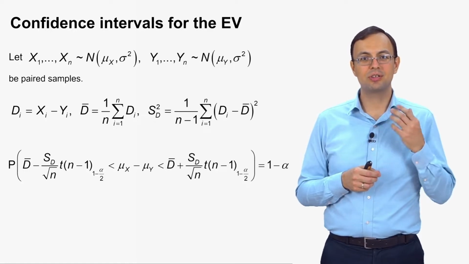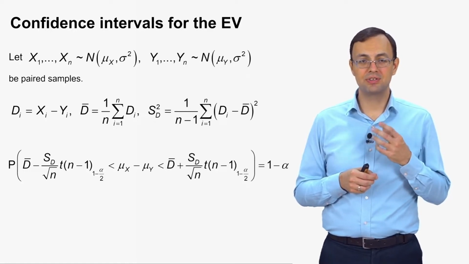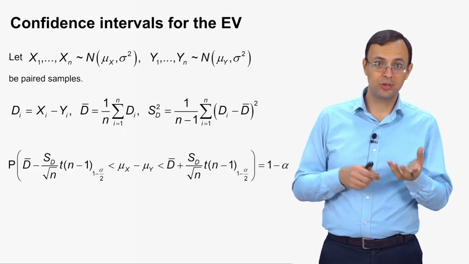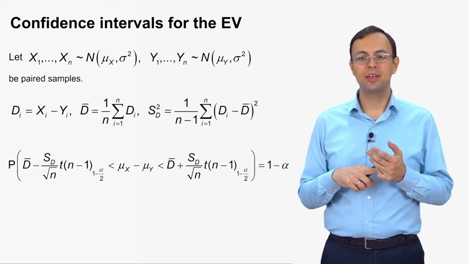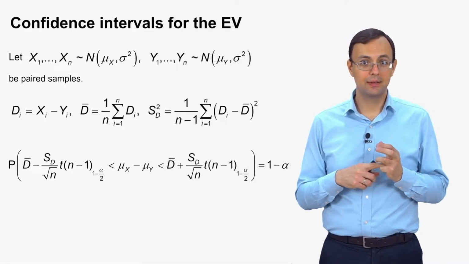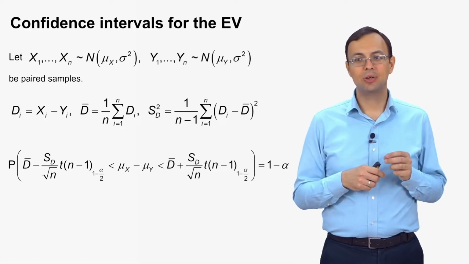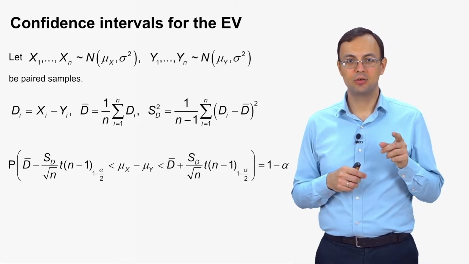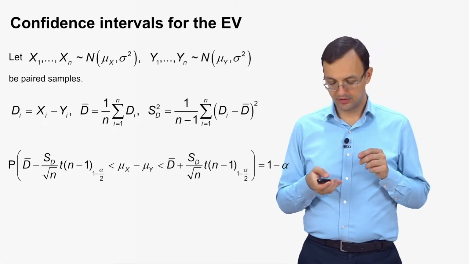So you want to construct the confidence interval for the difference of the average value before μx and the average value after μy. So you actually do the same that was done in the previous case.